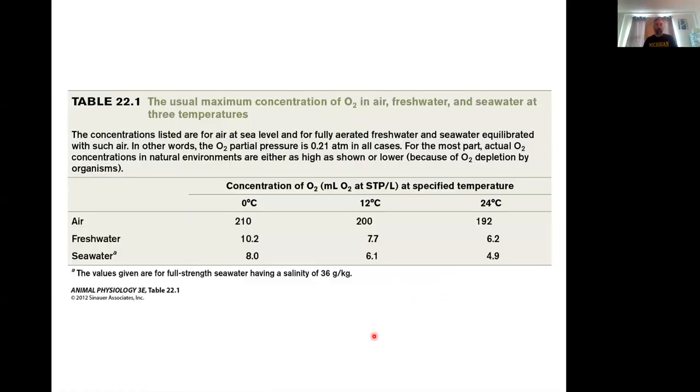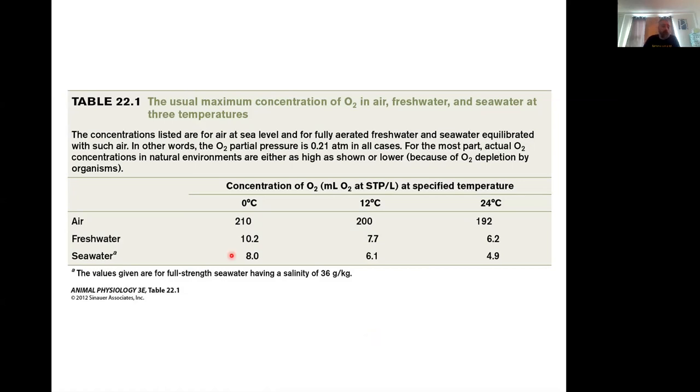Okay, so kind of going back to one of the original ideas we've got here, trying to begin to wrap up this chapter. Life in water, life in the air, very, very different, right? And one of the big reasons for that, in terms of respiration anyway, is that the concentrations of gases are substantially different.